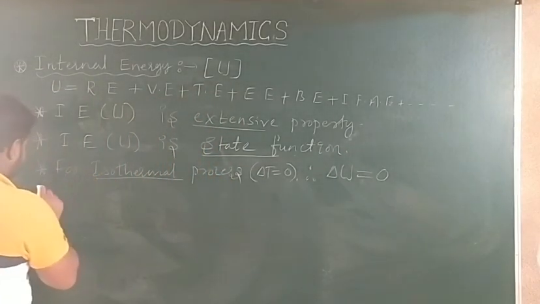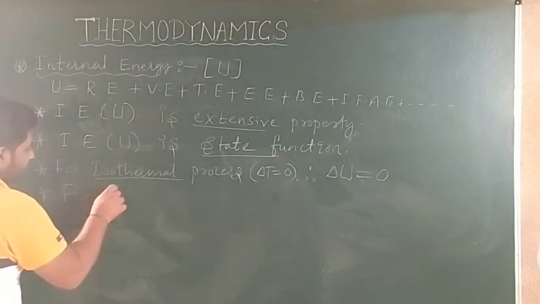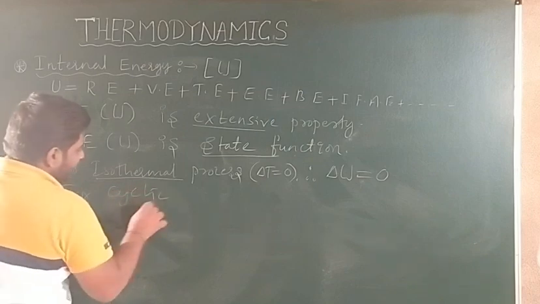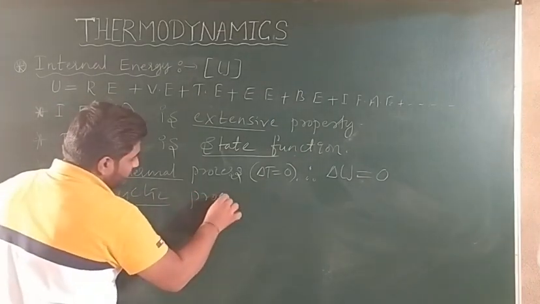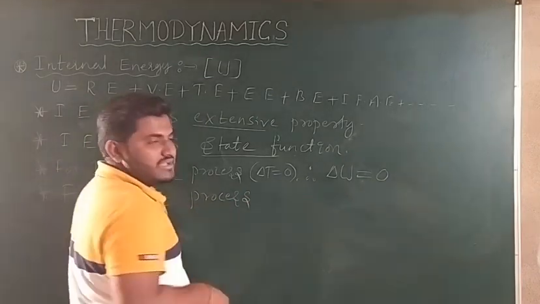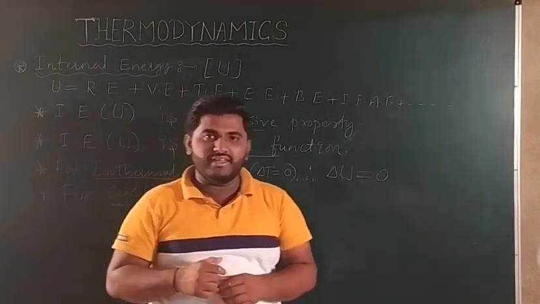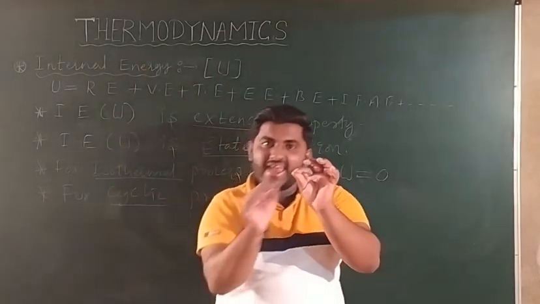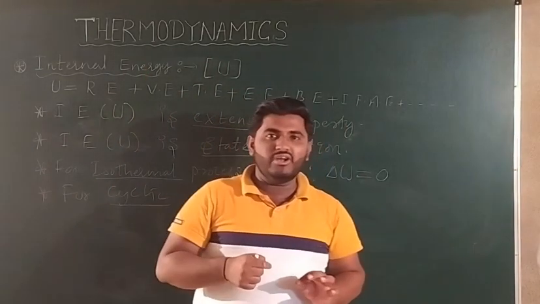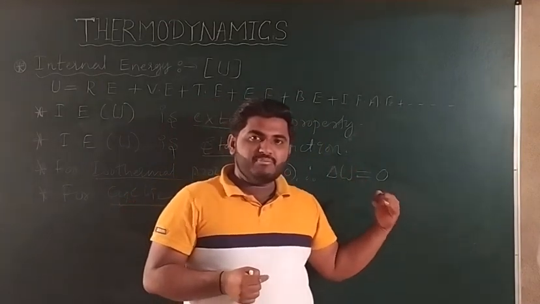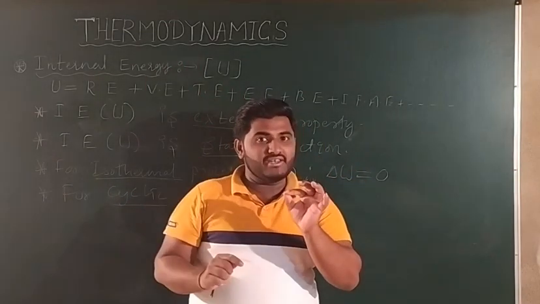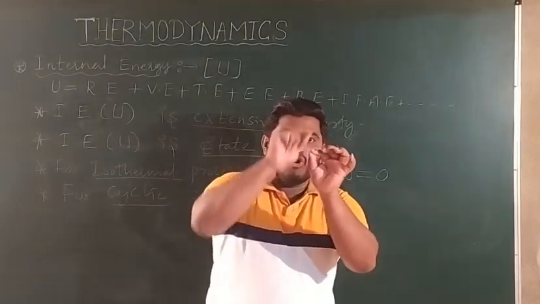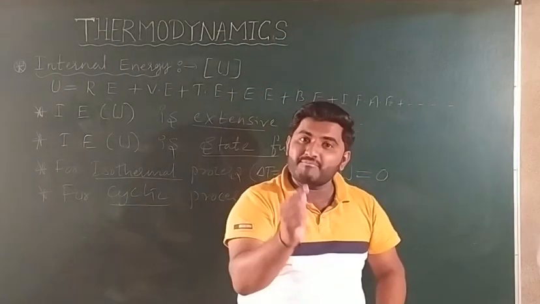And remember, for a cyclic process, we have discussed it already: the system undergoes a number of changes, and again it comes to the initial position only. That means internal energy depends on initial and final position. In a cyclic process, both initial and final positions are the same.